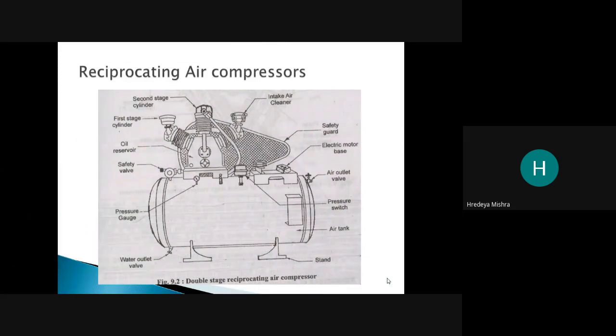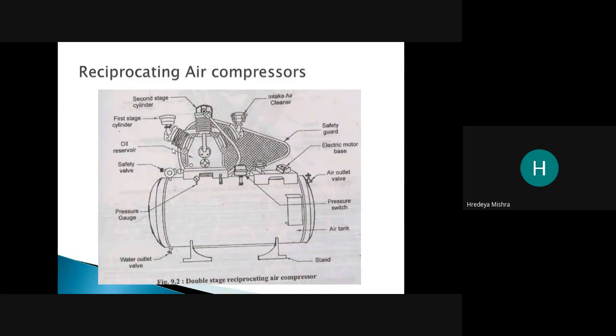So, students, this is our two stage or double stage reciprocating air compressor. See, this is our first stage. Stage is nothing but using multiple cylinders. If we use only one cylinder for compressing the air, this is single stage. If we use two cylinders, then this is two stage.